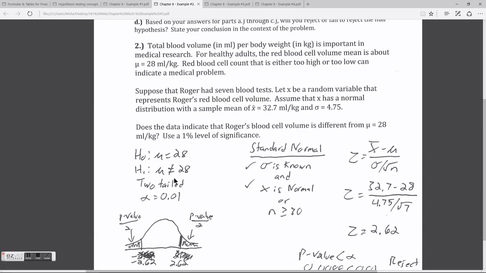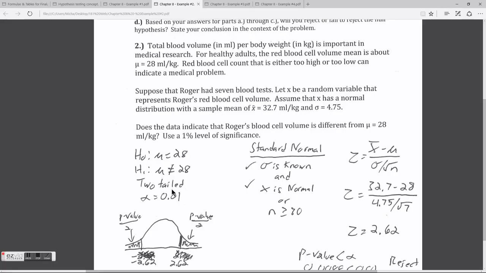But a lot of times I do what's called a two-tailed test, where I want to test a claim, but I don't want to be biased either way, greater than or less than. I just want to check if that value is different from what I thought it was. I could run this same test on another patient, and that patient could possibly have a low blood cell volume, and I could keep the test structured the same way.